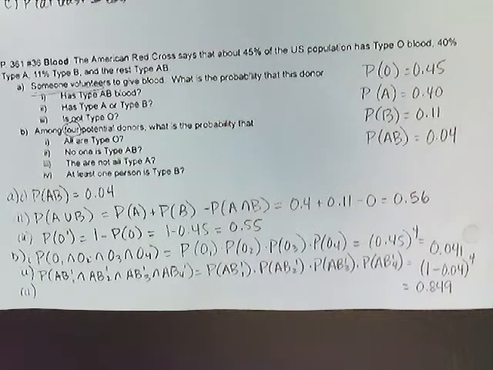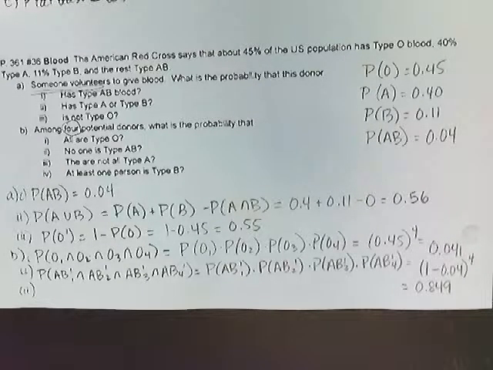They are not all type A. Ooh, they're not all type A. Could some of them be type A? Could at least one of them be type A? So is this saying basically it's the complement of all of them being type A?